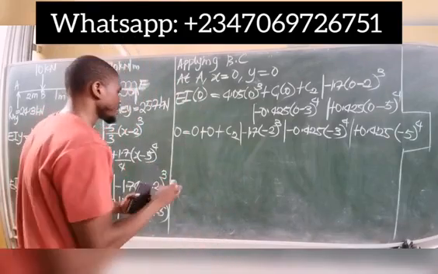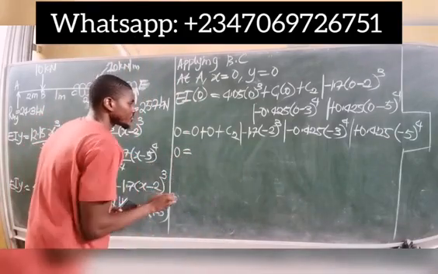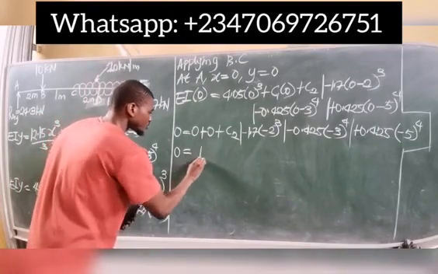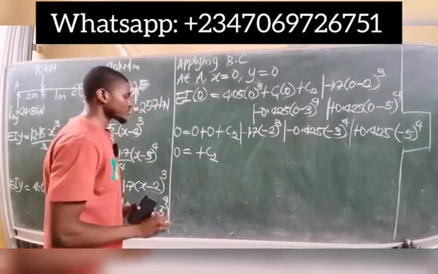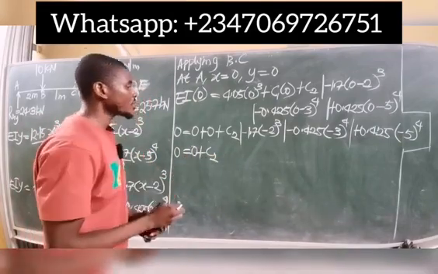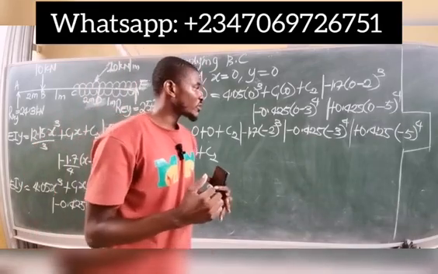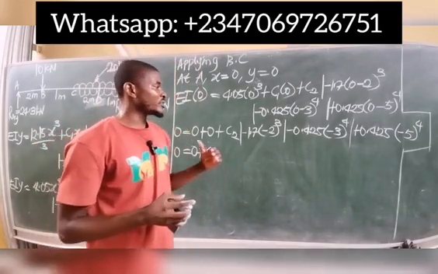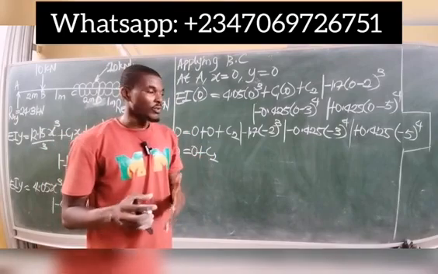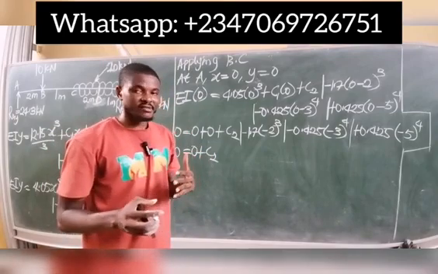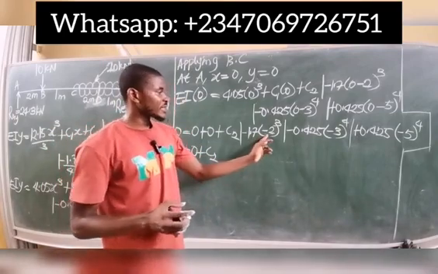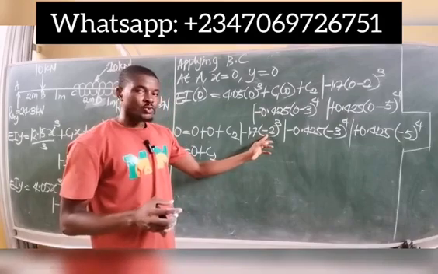All right, so here we have 0 equals 0 plus 0 plus C2. Now, I said that according to Macaulay's theorem, every value in the Macaulay's bracket which is less than 1 is completely treated as 0. So I can see in this bracket minus 2, and minus 2 is less than 1.